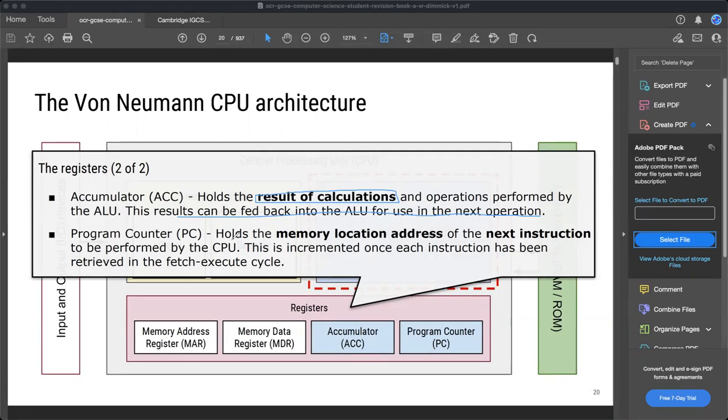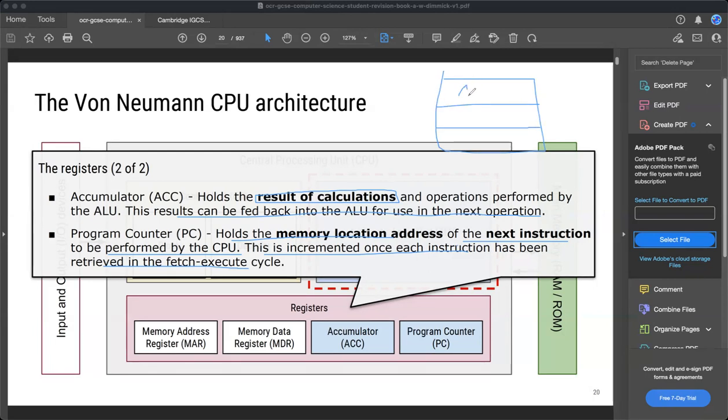Now program counter. Program counter holds the memory location address of the next instruction to be performed by the CPU. This is incremented once an instruction has been retrieved in the fetch execute cycle. Now listen to me very carefully. This is a box. In this box, we have a set of instructions, right?